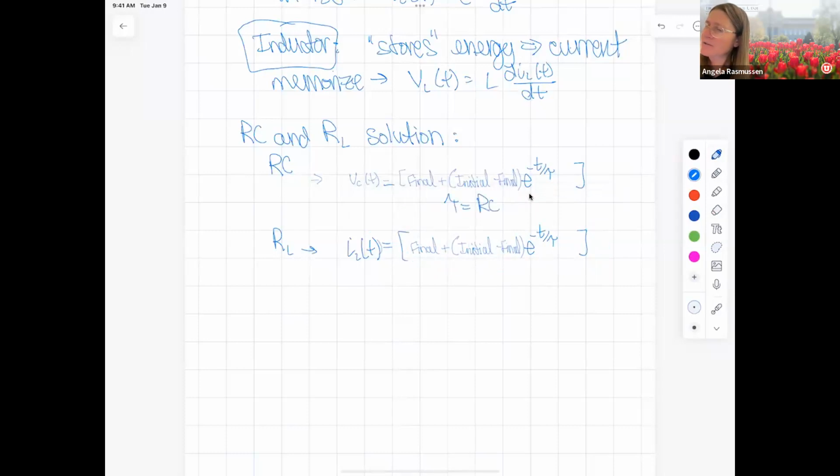Here is RC, and here tau is L over RTH. So now when we look at a circuit, if it just has a simple one capacitor and one inductor, we can go back and use this form and solve for the circuit. So that's what we're going to do next.